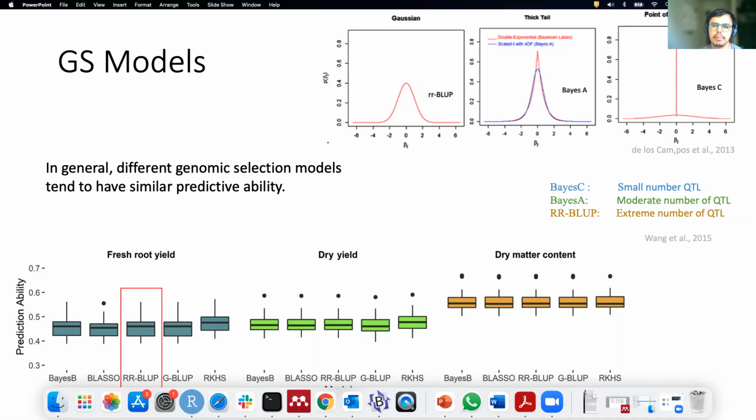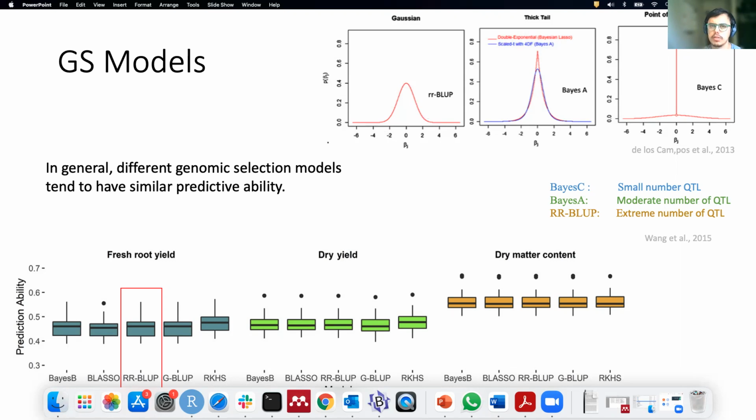So in that kind of scenario, we can think that there are a lot of regions in the genome that have an effect. Some of them are going to have a bigger effect than others, but the distribution of the effects is going to be kind of normal. So we're going to have a lot of alleles that have an effect on the phenotype.